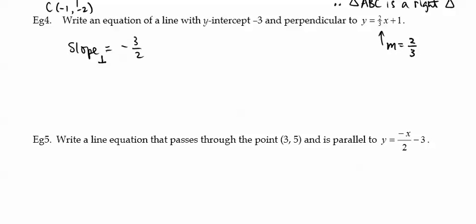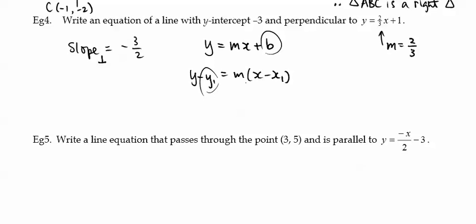So now it is a matter of using this equation or that equation to continue. Do we have the y-intercept or do we have a point given to us? Y-intercept. So this is what we will use in this case.